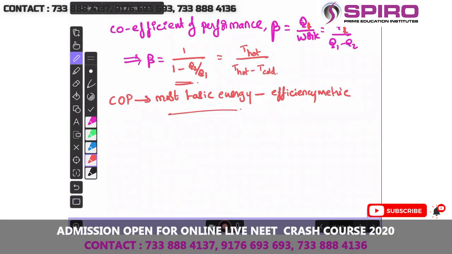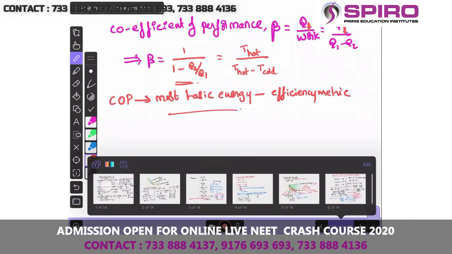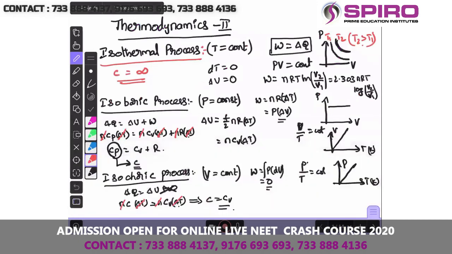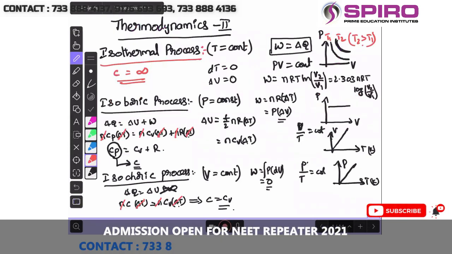Regarding thermodynamics, once again I would like to discuss all the points we discussed so far. Basically, the first law of thermodynamics, and the definitions of the molar specific heats at constant volume and pressure, all the things we discussed in the last class in thermodynamics 1.